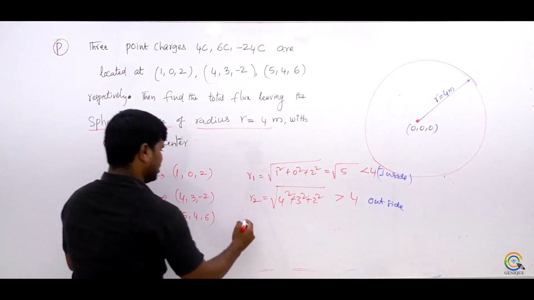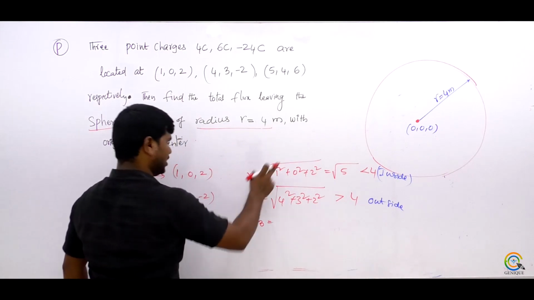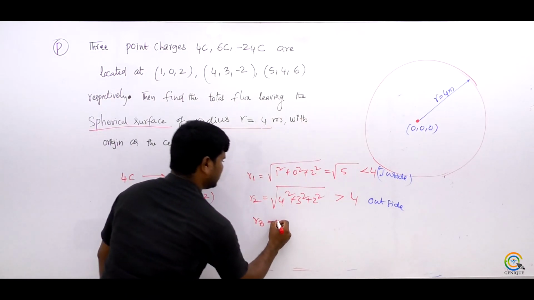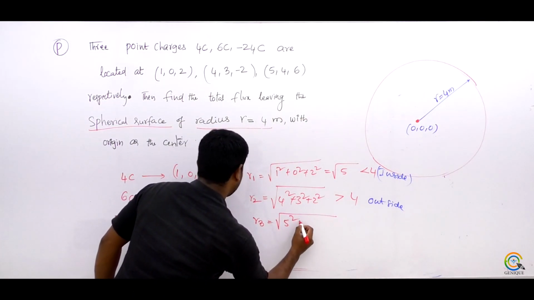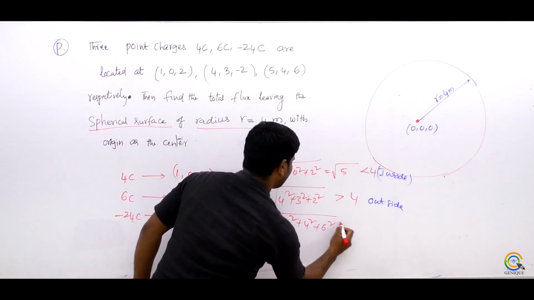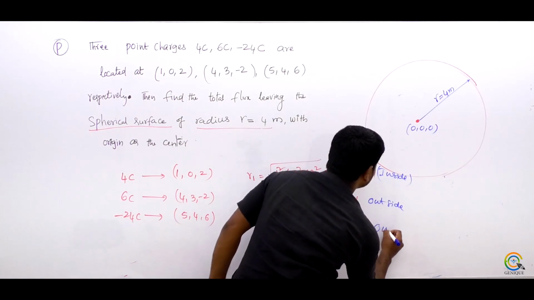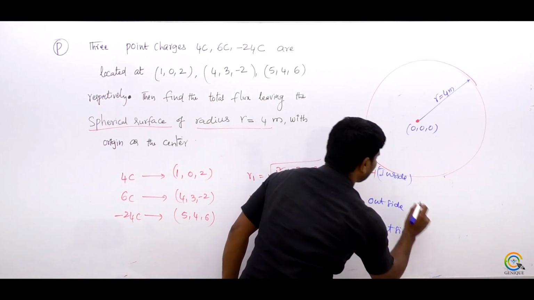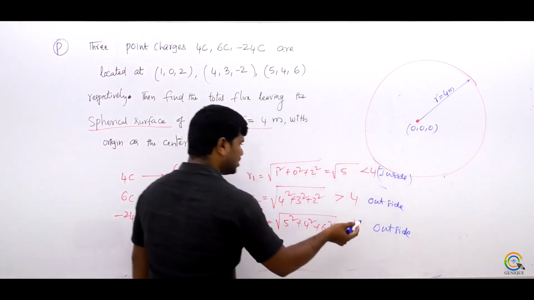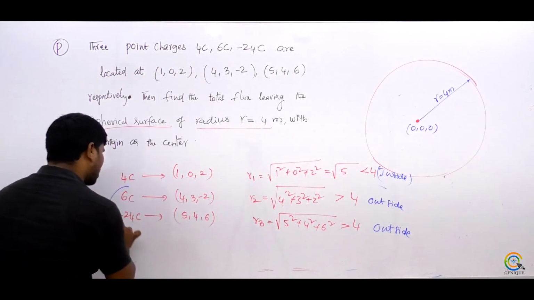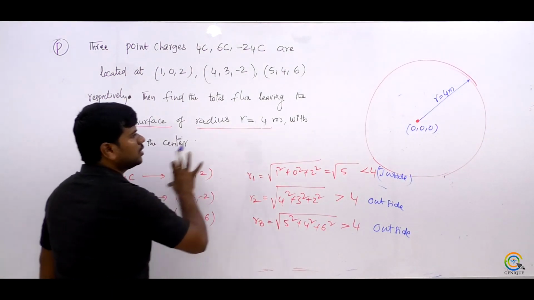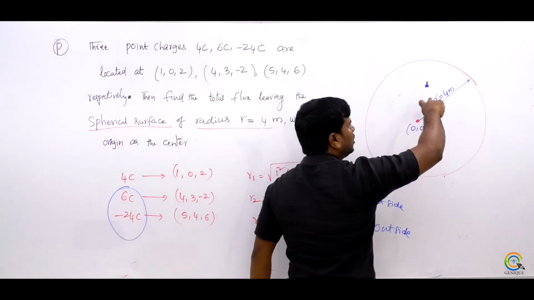Now what about R3? R3 is the distance from here to here. This will be 5 square plus 4 square plus 6 square. It is also greater than 4, so it is also outside. These two are outside, so these two are not included.